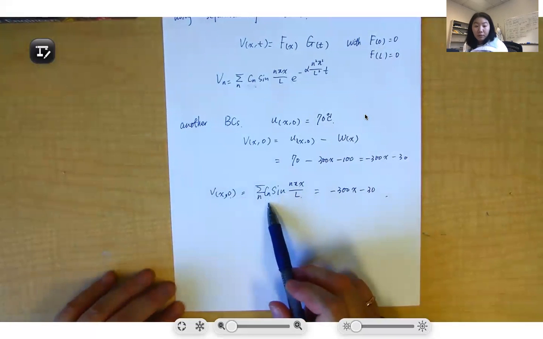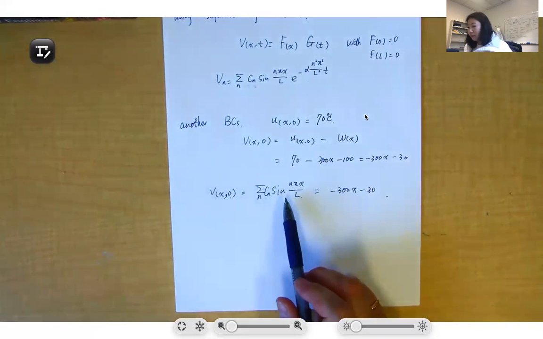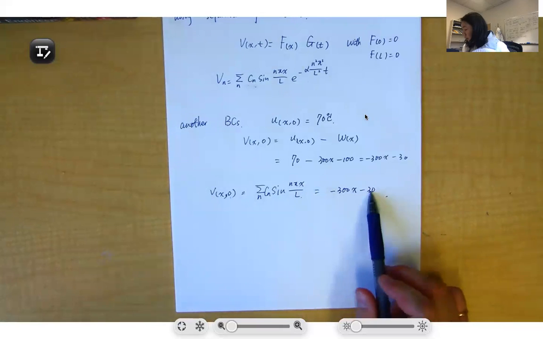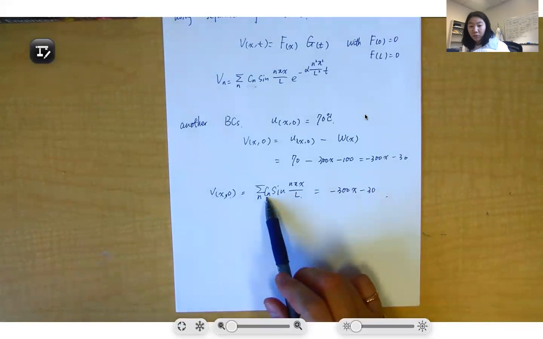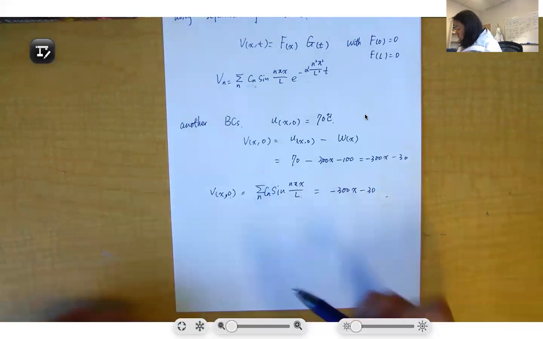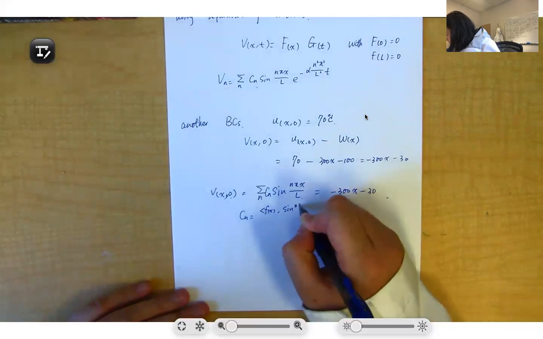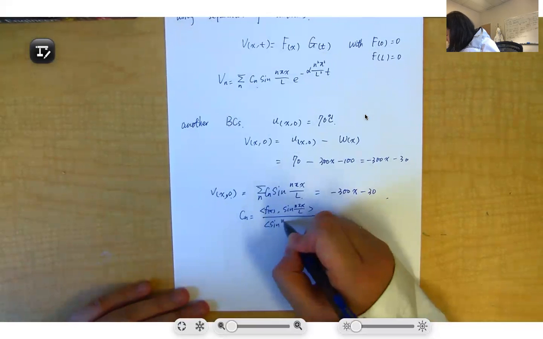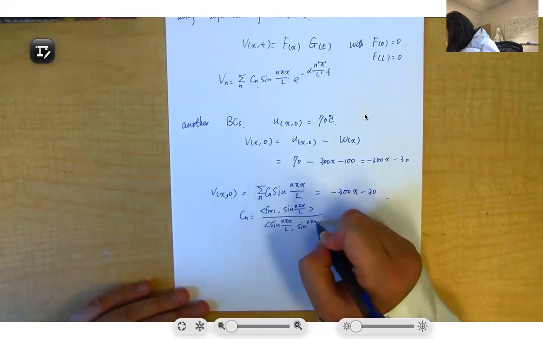And this looks very familiar. It's basically using the Fourier series to represent a continuous function, where the function is first order in x. In order to find the coefficient Cn, you just need to take the inner product of f(x) with sine(n pi x over L), over the normalization, the inner product of sine(n pi x over L) with itself.